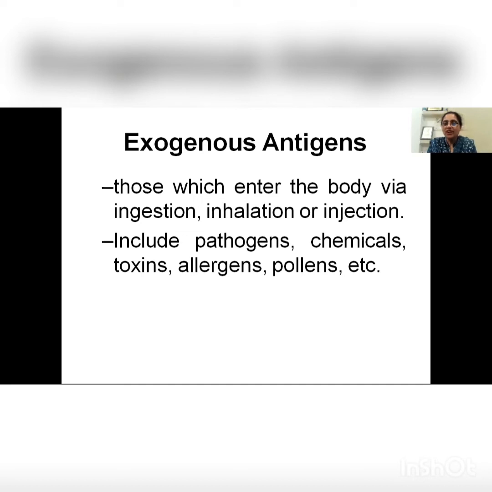As the name signifies, exogenous antigens are external. They can enter the body via ingestion. One example is Staphylococcus aureus, which secretes a food toxin that causes food poisoning in our body.